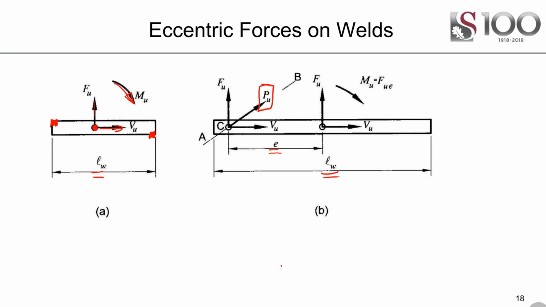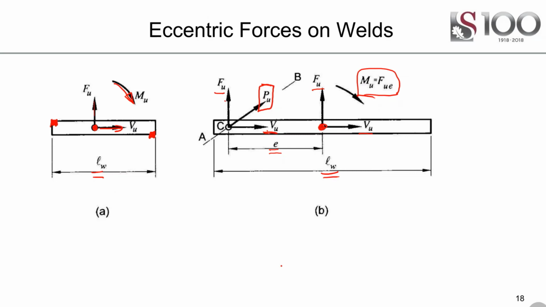What we will first need to do is convert that into a perpendicular and a shear force, and then once we have those two forces, move them to the middle by converting the force at a distance to a moment. So we convert that force PU into three different items: a shear force, a perpendicular force, and a moment, and then we will design for it.